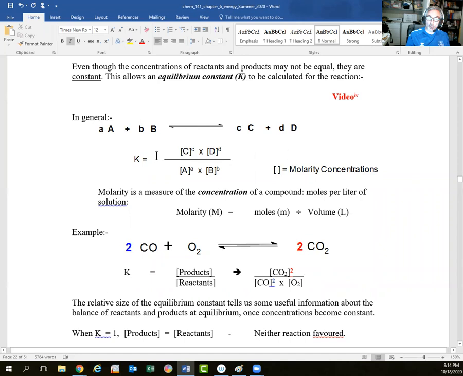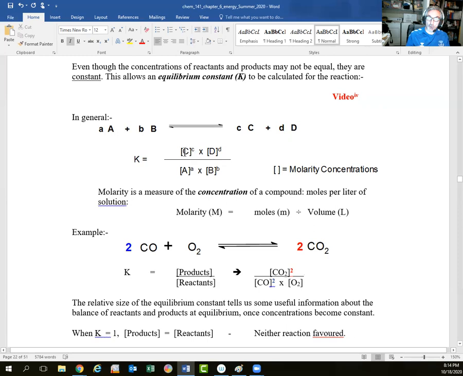So we're going to sample at equilibrium the concentration of each chemical, and we multiply together the concentration of the products C and D on the right, divided by the concentration of the reactants A and B as they stand at equilibrium. And each chemical uses its molar coefficient from the equation as a power.